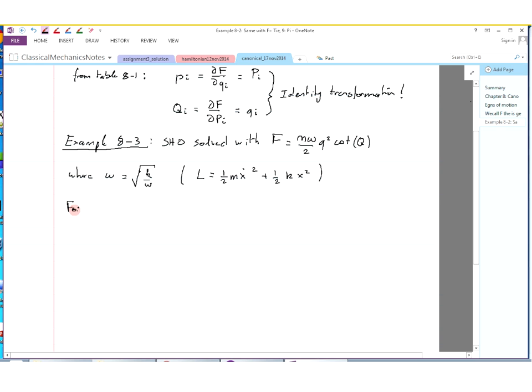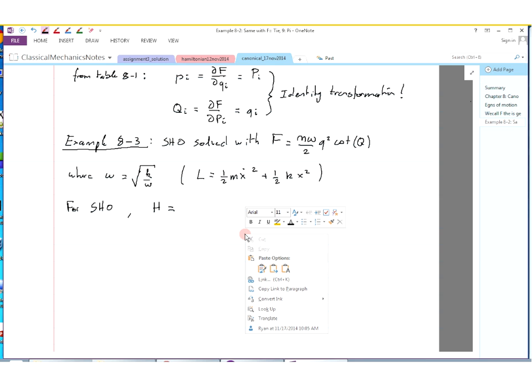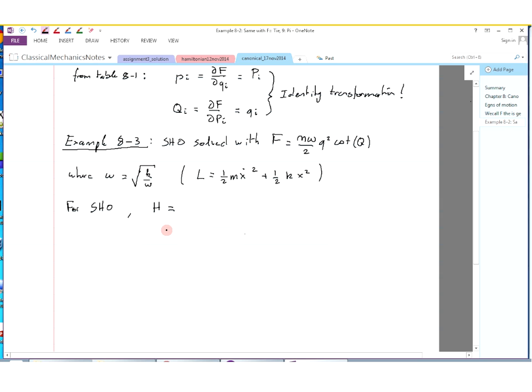So the Hamiltonian for a simple harmonic oscillator. This is a case where the Lagrangian doesn't depend explicitly on time, and the potential doesn't depend on velocity, and so the Hamiltonian is just equal to T plus V, right?